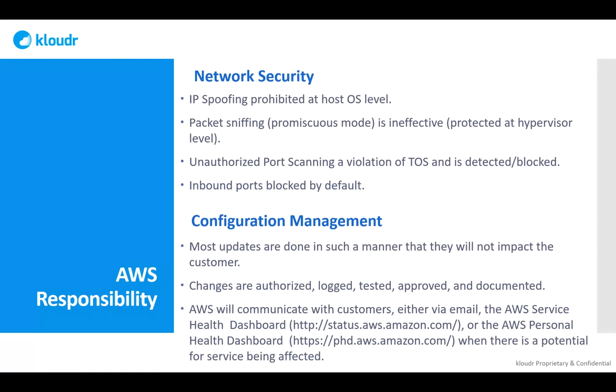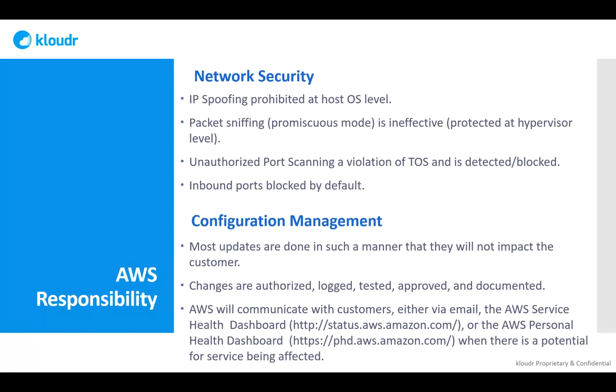It is also AWS's responsibility to ensure the network security against IP spoofing, packet sniffing, and unauthorized port scanning at the host OS level. In addition, most updates are rolled out in a manner that will not impact the customers. They follow a change management process that ensures that all changes are authorized, logged, tested, approved, and documented before rolling out any update.